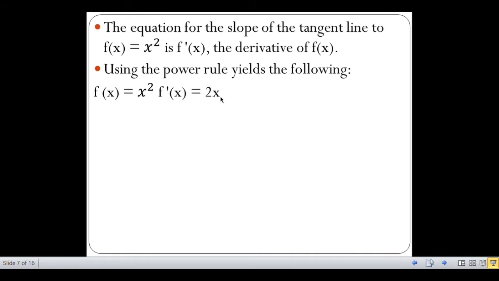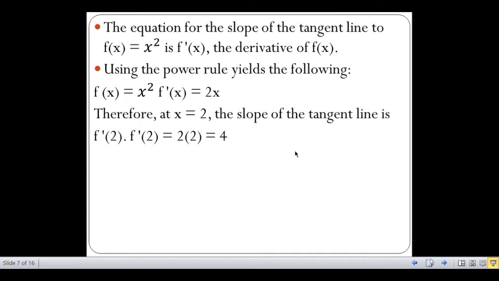Okay? Then, next is, therefore, at x equals 2, the slope of the tangent line is, diba itong x equals 2, kanina to sa problem, ito yung condition sa given problem kanina. So, ano ba yung slope of the tangent line? We have the derivative of f of 2.